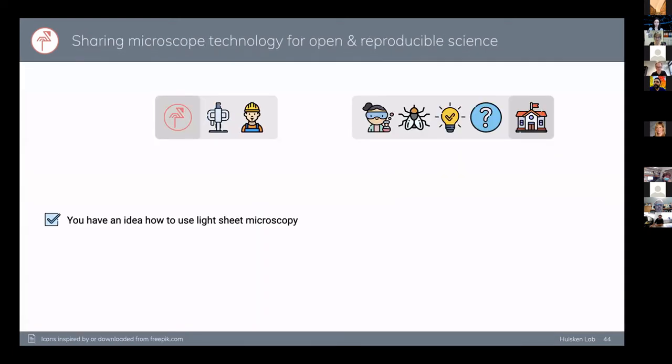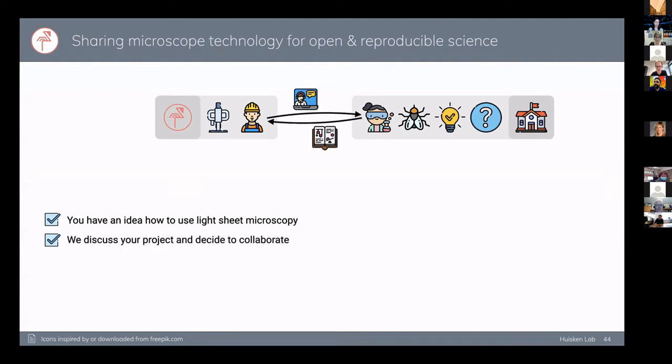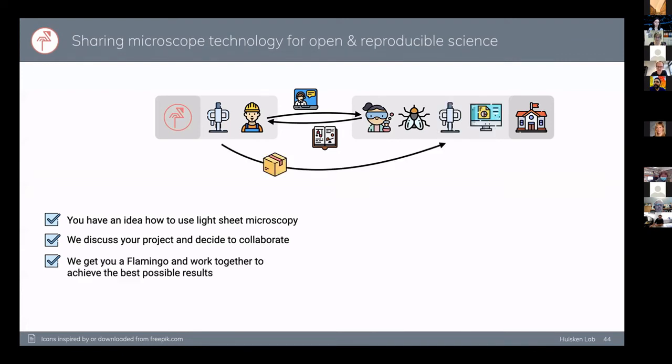So just a quick cartoon to illustrate how we envision this to work on a larger scale potentially. So let's say you have an idea how to use light sheet microscopy. Maybe you haven't ever used light sheet microscopy and you got curious. The idea would be that we discuss the project and we build a system specifically for your needs. It could be a standard system or could be customized.